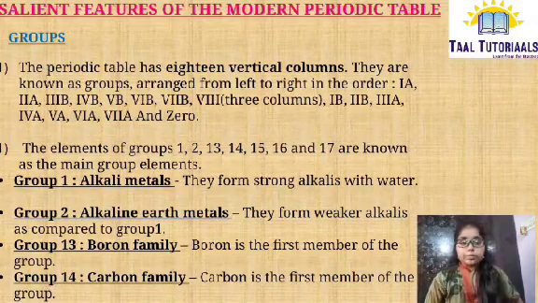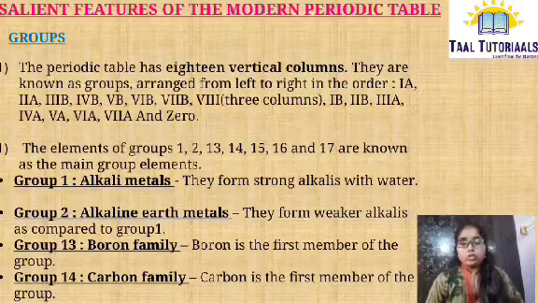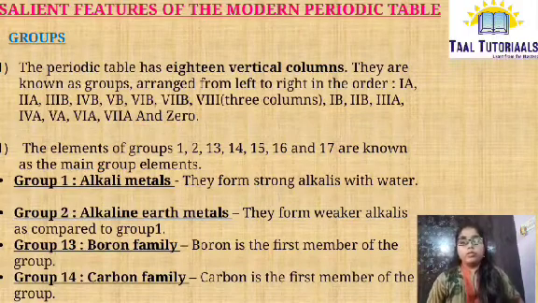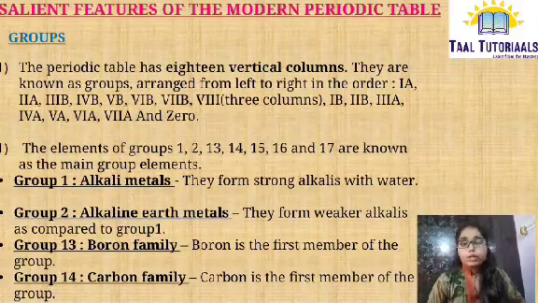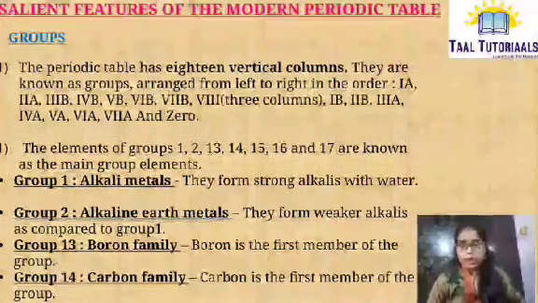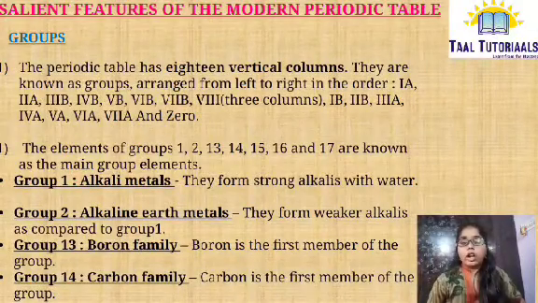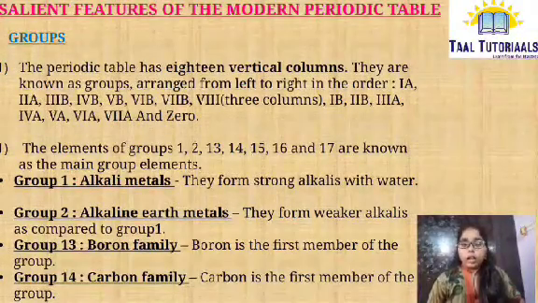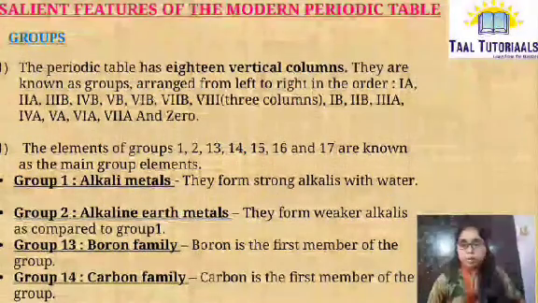Now, the elements of groups 1, 2, 13, 14, 16 and 17 are known as the main group elements. What are those? Group 1 is called alkali metals and group 2 is alkaline earth metals. Group 13 boron family.